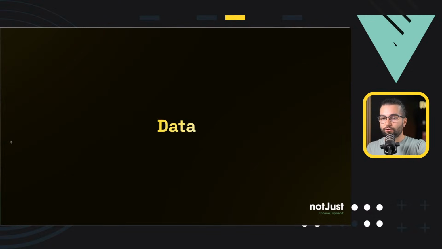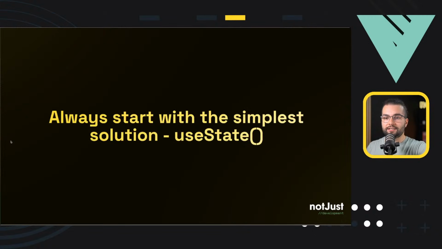Now moving on to the data, and here data means how do we manage data in our application. And I always start with the simplest solution, and the simplest solution is the useState hook with handling state at the component level.